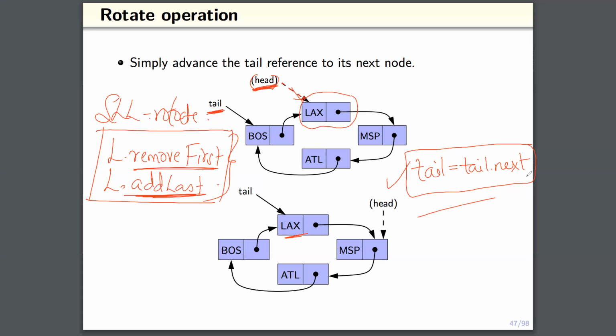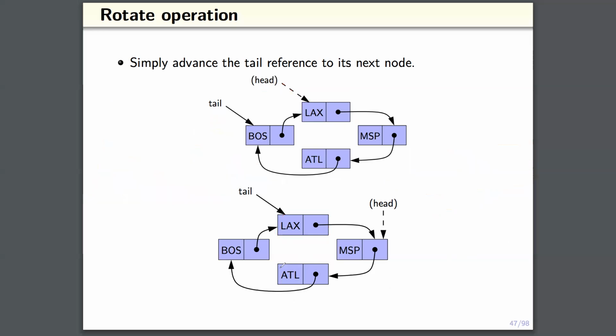Tail is equal to tail.next. LAX was the first node. When you do this, LAX is automatically the last node. Beautiful, right? See, 7 to 8 lines of instructions, or maybe more, has been reduced to just one line. So it's not an asymptotic improvement, as I said earlier, but practically it is still useful, because you'll be calling this rotate several times. So a decent amount of time you'll be saving.